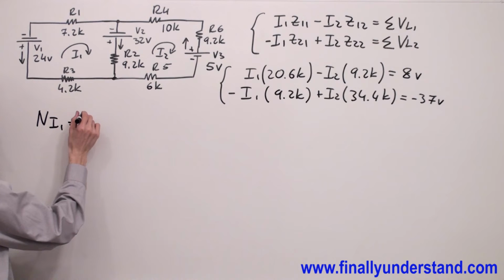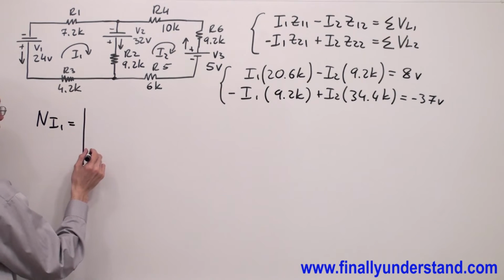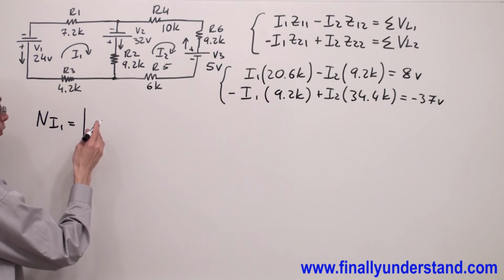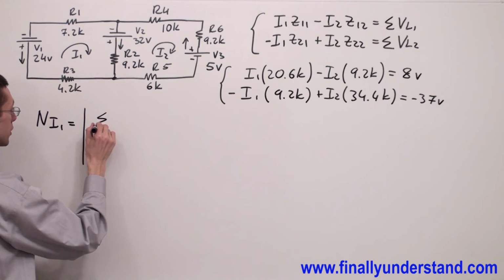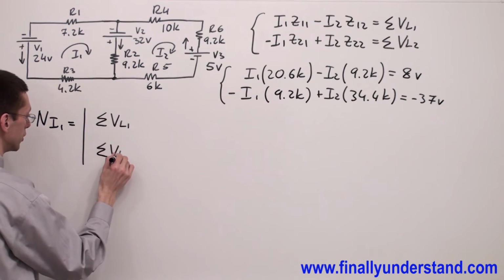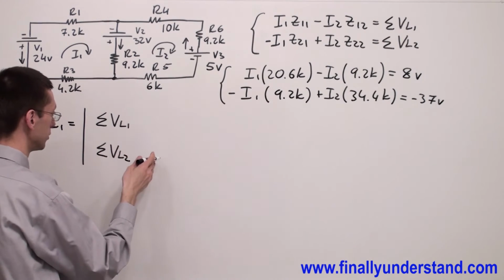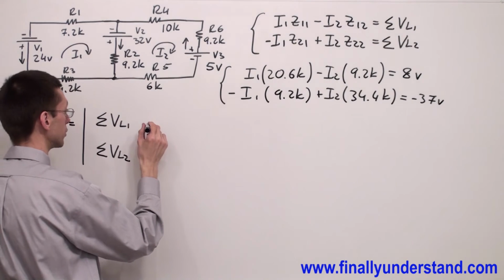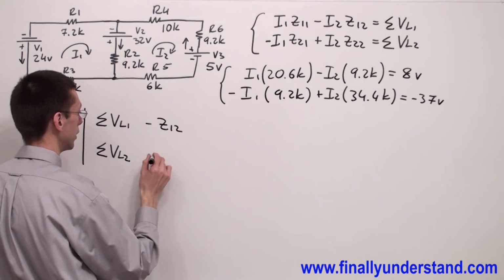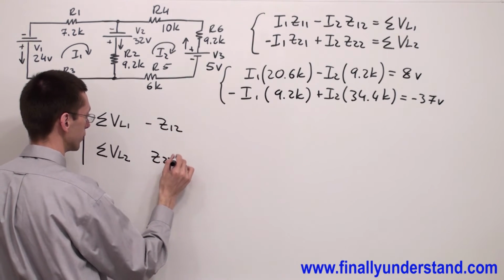NI1 is equal, again, determinant, but the first column of your delta determinant you're supposed to replace by the constants, some of the voltages in loop 1 and some of the voltages in loop 2. The second column is going to stay the same. You simply copy down minus Z12 and Z22.